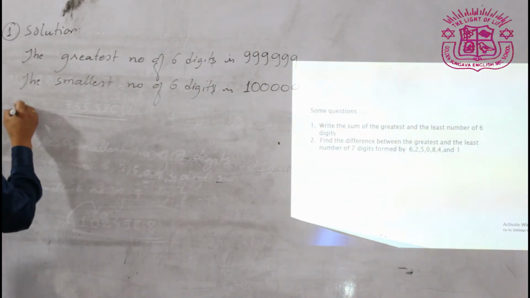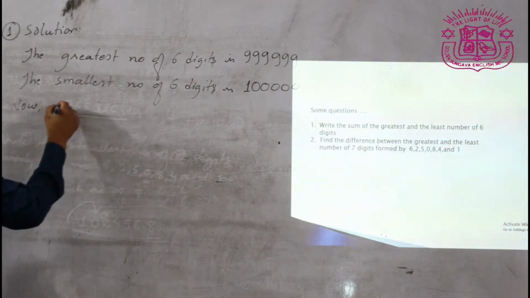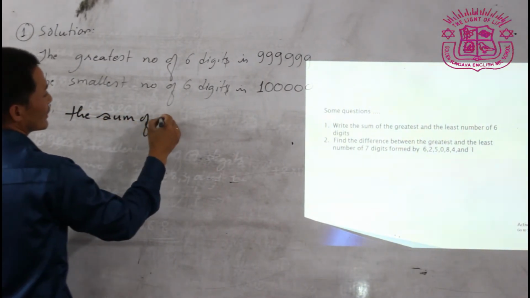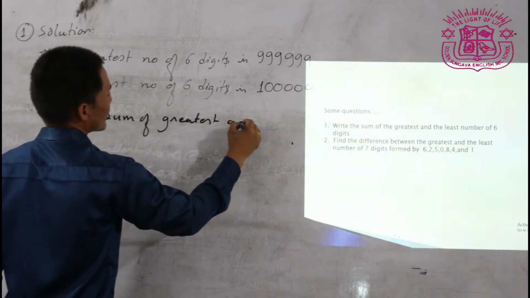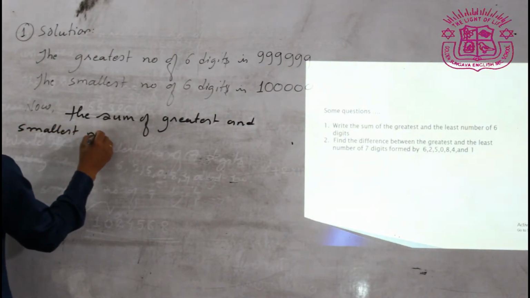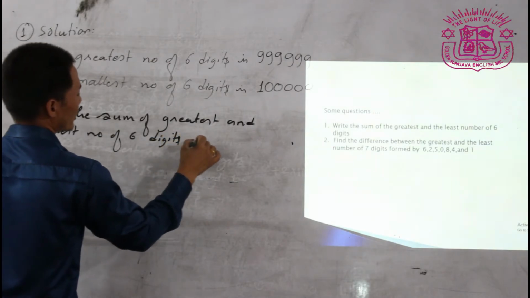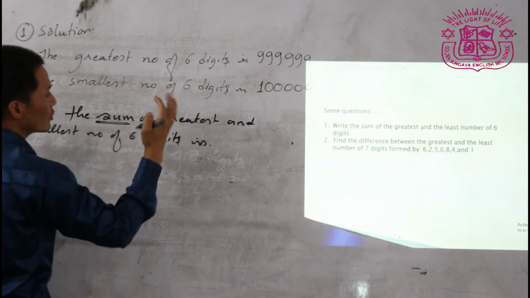Okay. Now the sum of greatest and smallest number of 6 digits is, sum means we have to add.